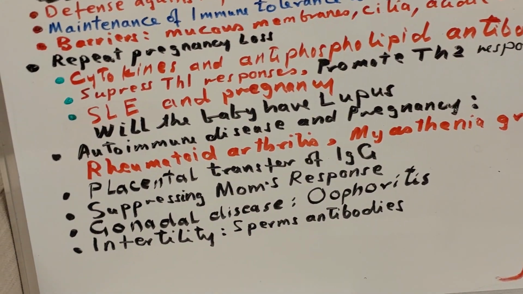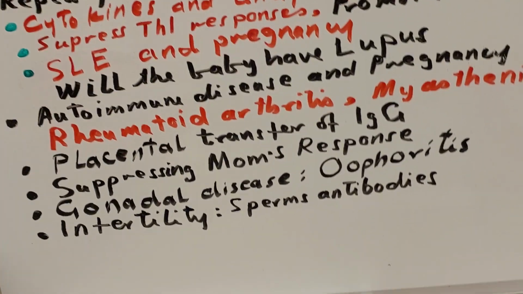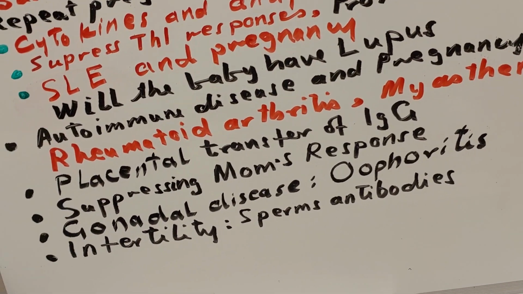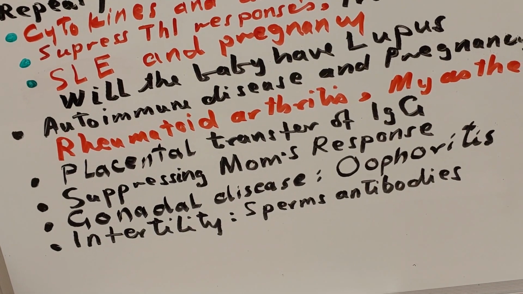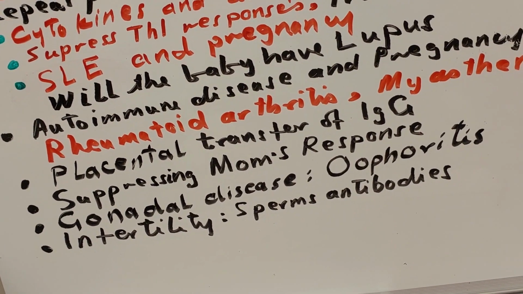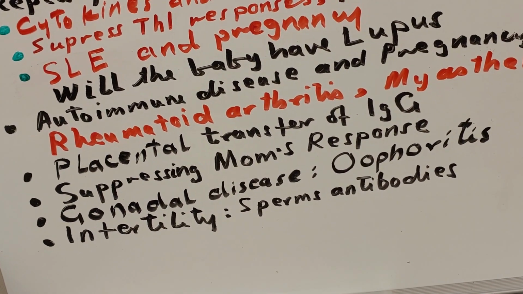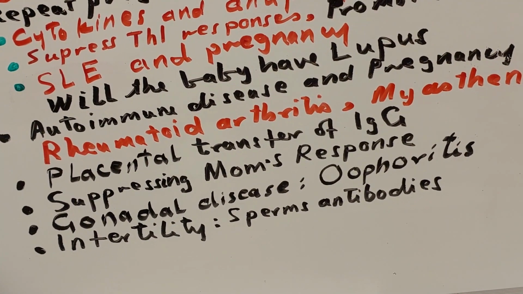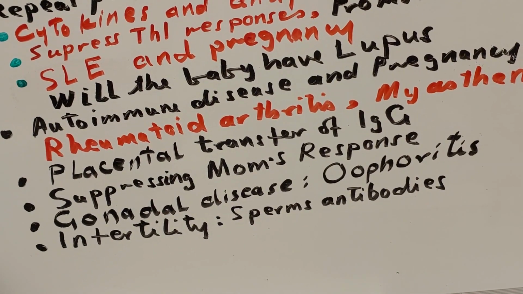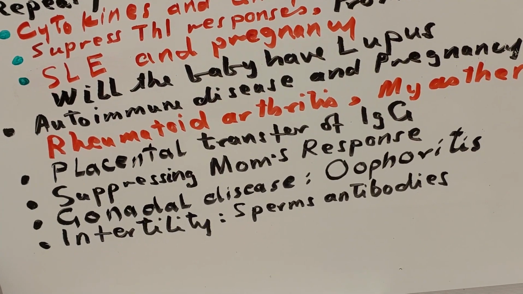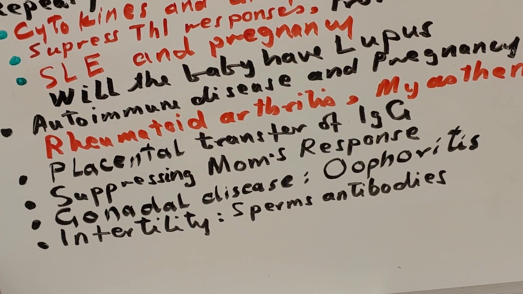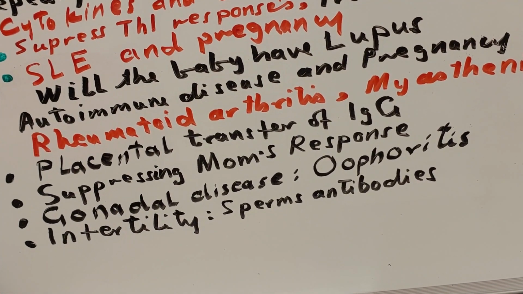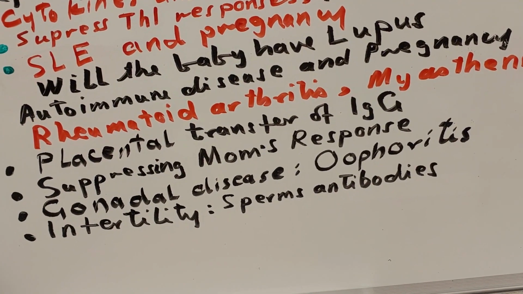So now I'm going to talk about a very important thing: why the mother does not reject, or how moms tolerate the baby for 9 months without rejection, despite that it possesses some allogenic antigens.